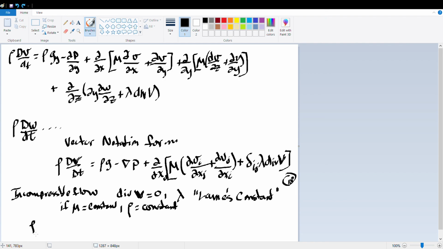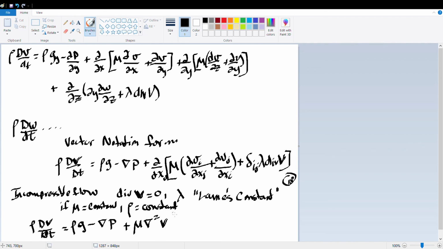So we got density times the material derivative of velocity, the function of time, dt, is equal to density times g minus the gradient of the pressure, plus viscosity times the second-order gradient of the velocity.